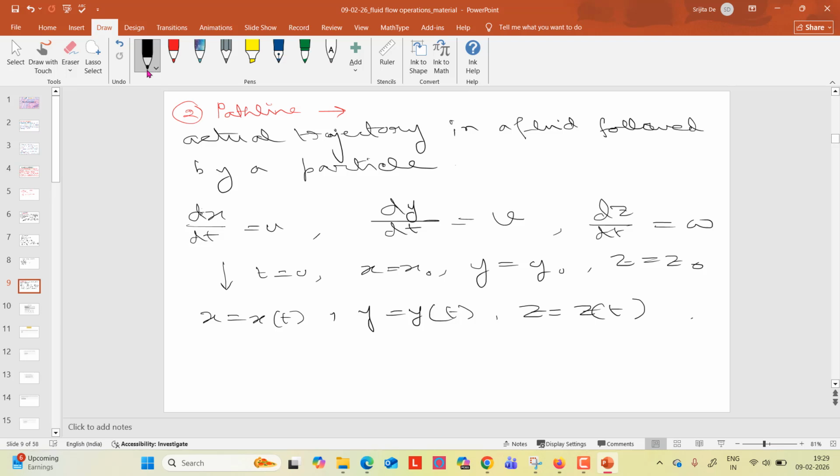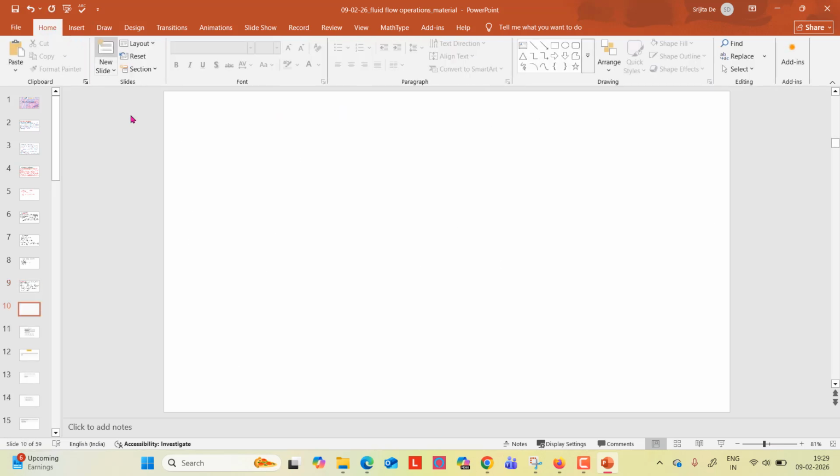Now if we take the same example, v equals to ax i cap minus ay j cap, then what is coming? So again we will take u. From the definition we know that dx by dt equals to ax, right?